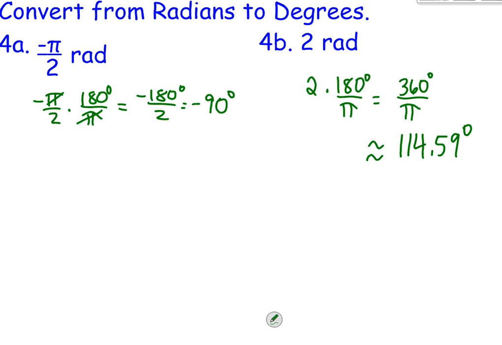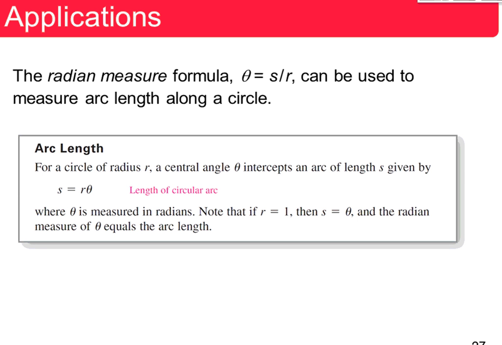I introduced this idea last time, but now we're going to do some problems with it. This is the application part of this section. The radian measure formula is theta equals S divided by R, and it can be used to measure arc length along a circle.